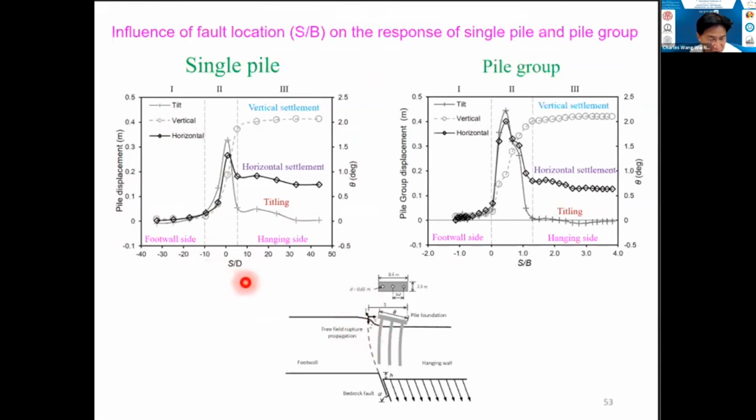S divided by D, where D is the diameter of the pile, and for the pile group normalized by the width B, the breadth of the pile cap.